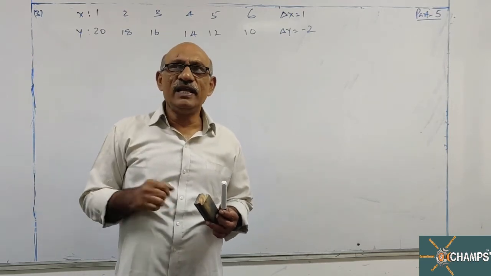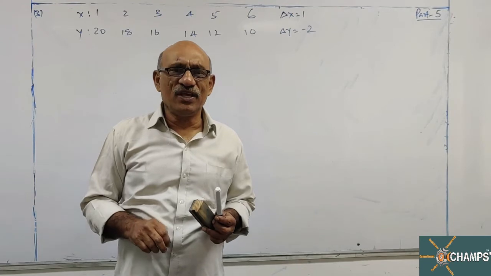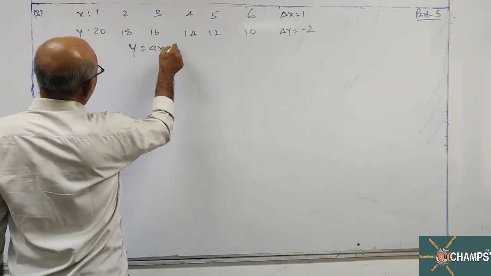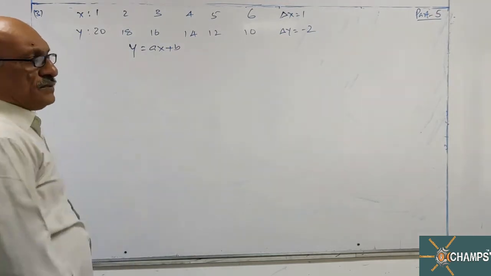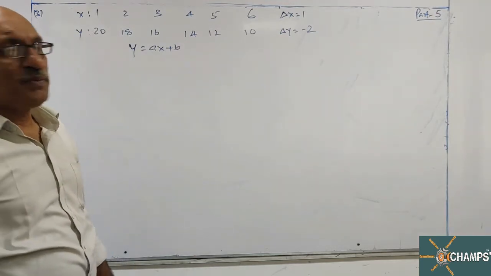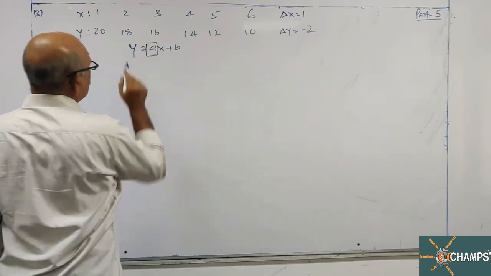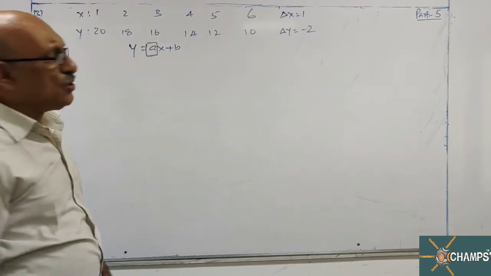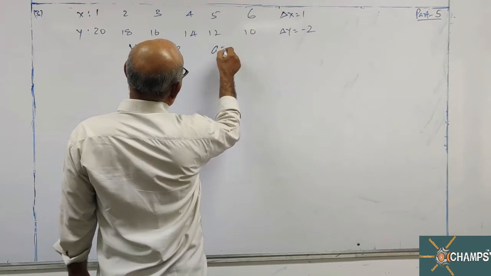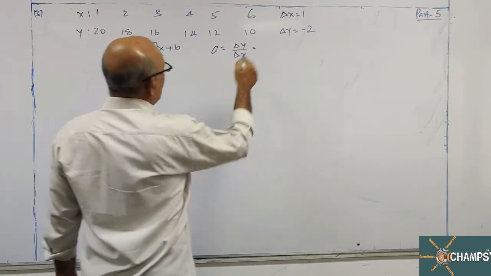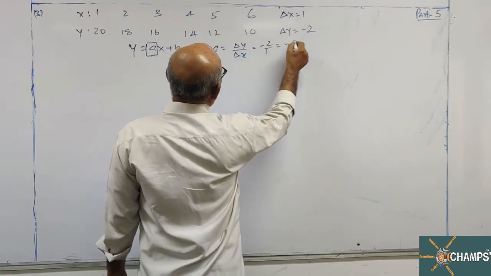So again I can write y is equal to ax plus b, where a is equal to slope of the line. A is equal to delta y divided by delta x. So minus 2 by 1 is minus 2.